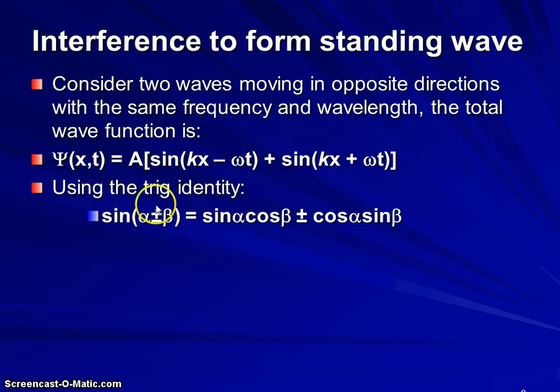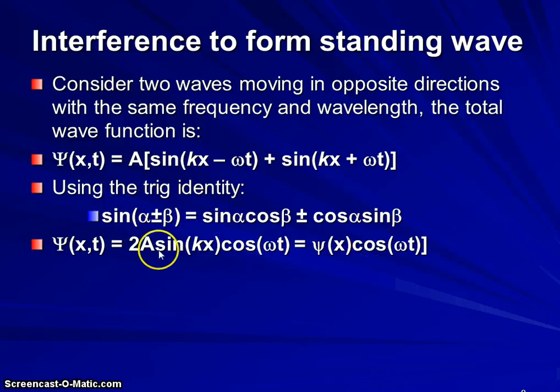But we can use this trig identity to replace this term with this one, and now we have resolved this problem where we say that the wave function is a separated wave function that has one term multiplied by another.